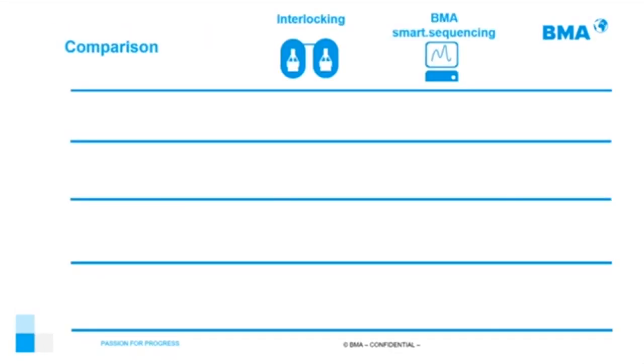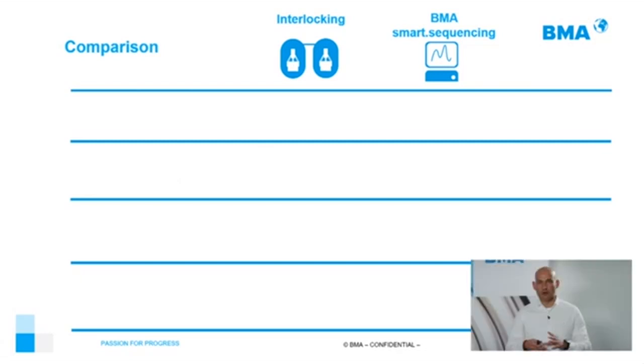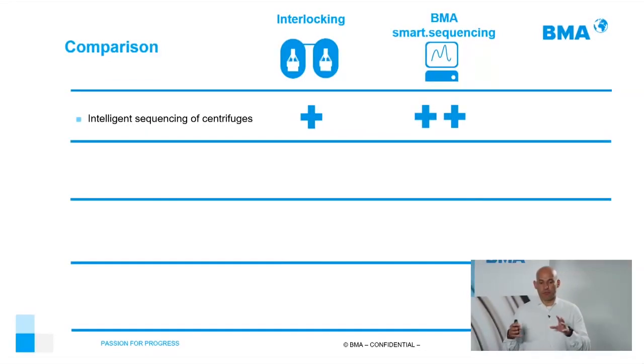Okay, summarizing, let us perform a small comparison between the standard interlock schemes all our customers have and our smart sequencing. If we think a little bit about the intelligent sequencing of the centrifuges, as Eduardo told us, it is pretty difficult to program all these characteristics, all these features, in an interlock system.